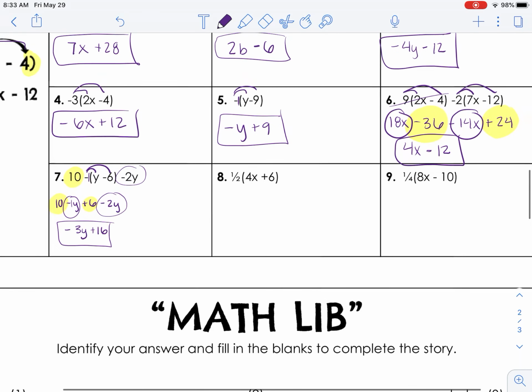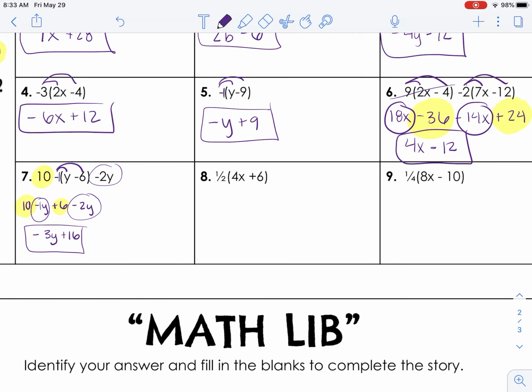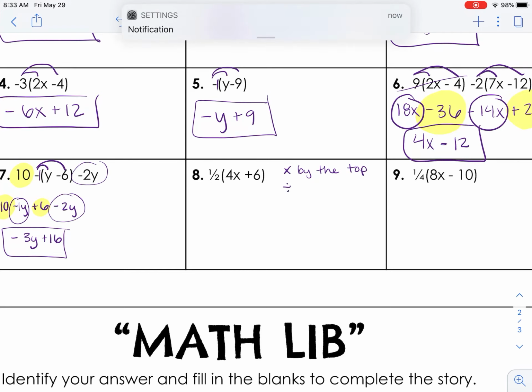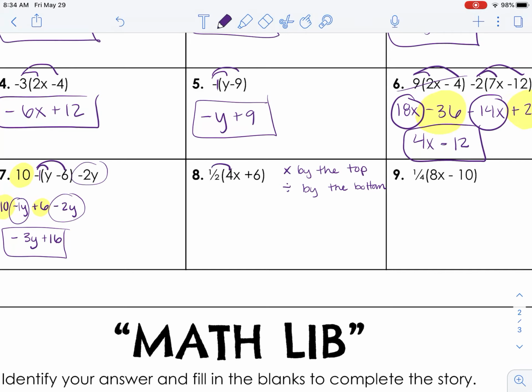The next two, I know that fractions look super scary, but there's an easy way to figure this out. So I like to think of multiplying fractions as multiply by the top and divide by the bottom. So whatever we're distributing here, we're going to multiply it by the 1 because it's on top, and we are going to divide by the 2 because it's on the bottom.